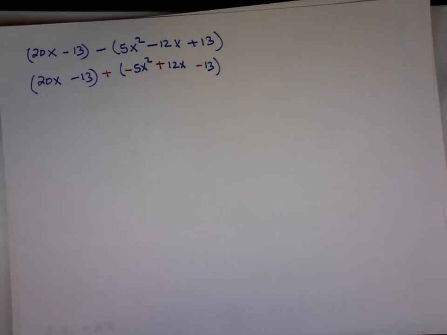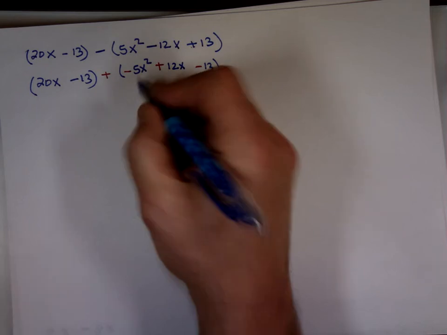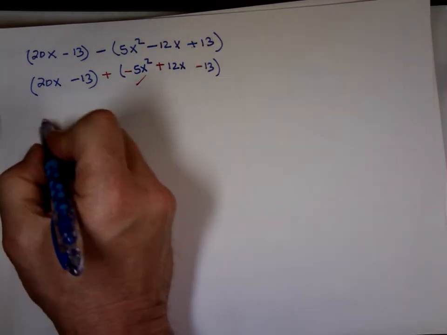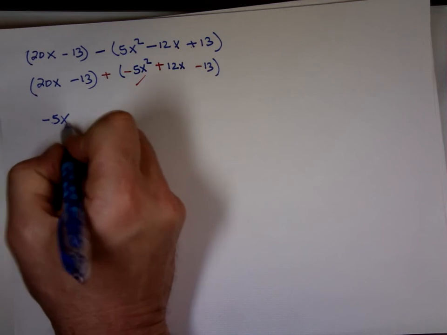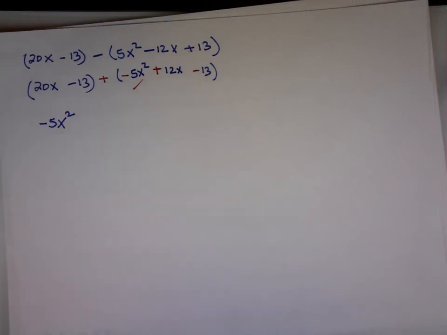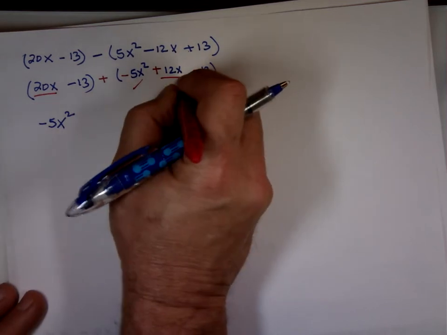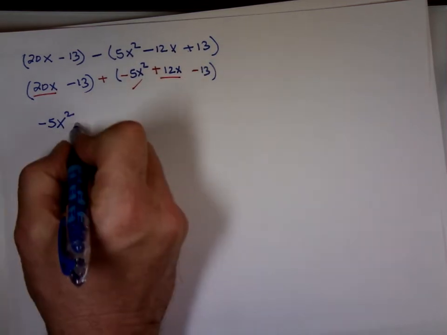And now let's look for like terms. I start with x squared. There is nothing to add to x squared. Done. 20x and 12x. That's what? Good. 32x.